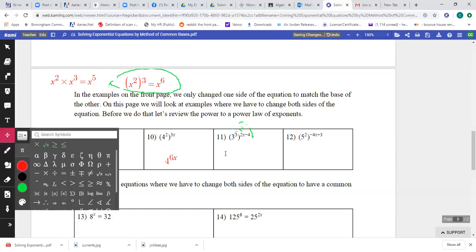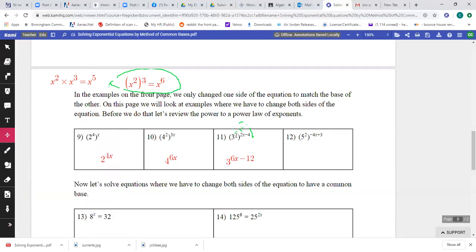So this is going to be 3 to the 6x minus 12. Everyone see what I did there? I took the 3 and I multiplied it by the 2x to get 6x, and I multiplied it by the negative 4 to get negative 12. Okay, and so go ahead and do 12.